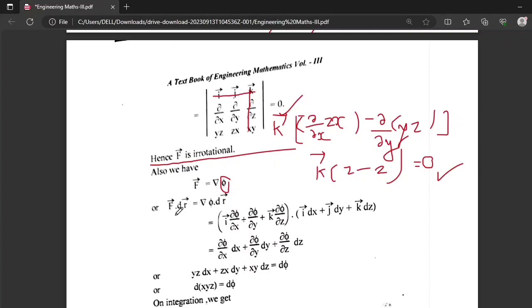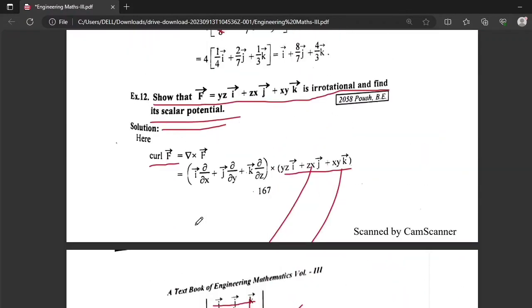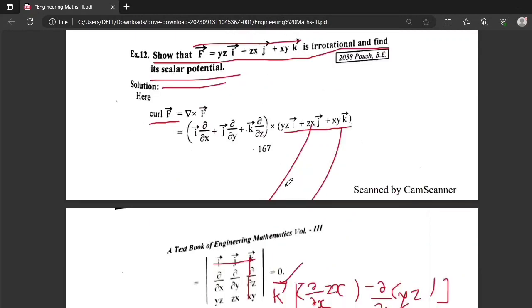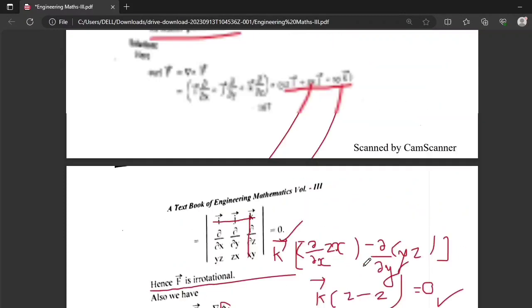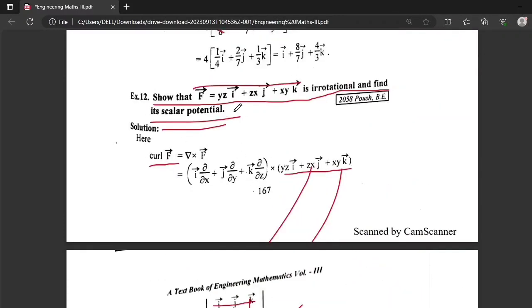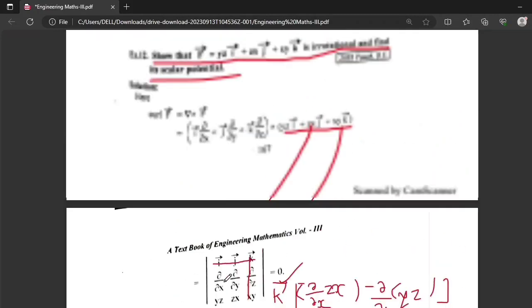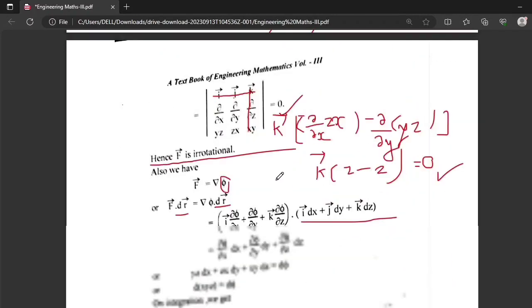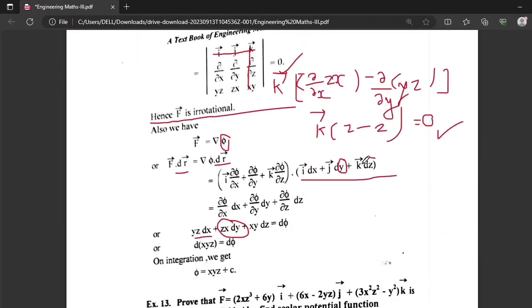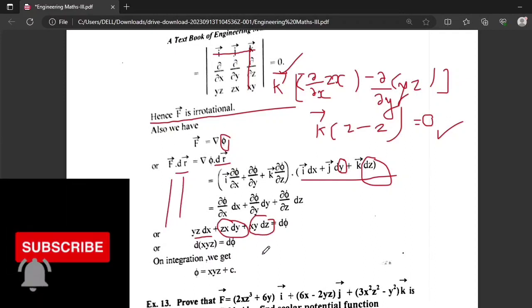Taking the dot product with dr on both sides, we get F dot dr equals grad phi dot dr. So F dot dr is: i into i is 1, so yz into dx, that is yz dx, plus zx dy, plus xy dz. This is the left hand side.